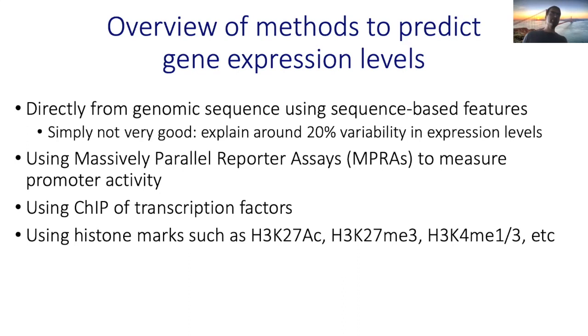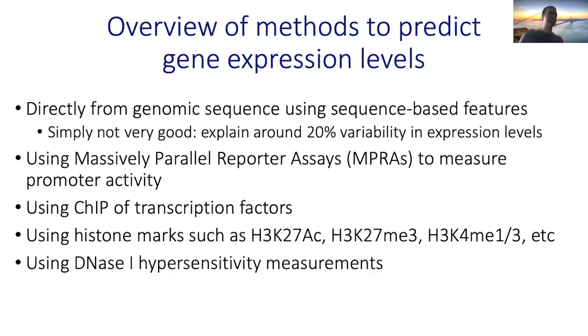All of these were used later on to develop quantitative models to predict expression levels from histone marks or ChIP-seq datasets, and DNase I hypersensitivity measurements, which measure open chromatin. And so my argument is that while the first one is an ideal goal, the techniques weren't very good, but it's nice that these other models did actually pretty well in predicting gene expression levels.